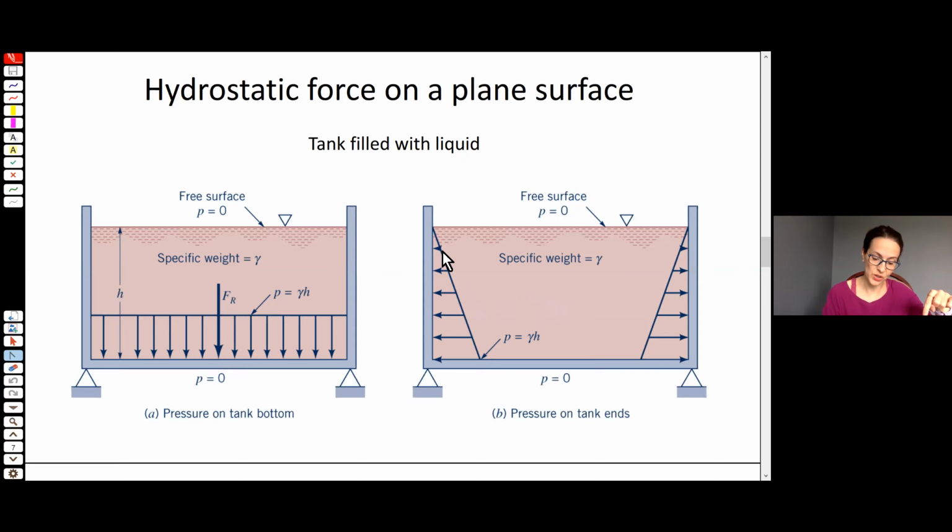We see that the pressure force gets larger and larger in magnitude as we descend. So it's not just a simple rectangular distribution like it is for the floor, because we have different heights here. So what we have to do in this case is integrate the total sum, the total contribution of all the infinitesimal pressure forces dF_R at each location.